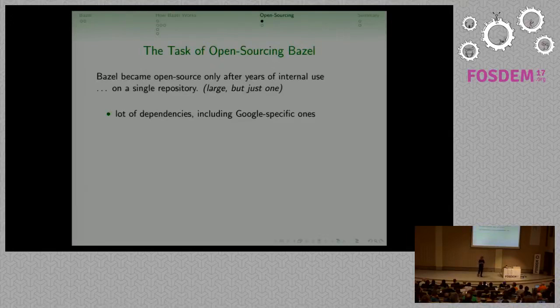So you have a lot of dependencies, including libraries that solve a problem that open source libraries would also solve, but they are Google specific, internal technology and so on. And of course, if you want to make a tool open source, you need all the dependencies open source. So cutting dependencies or finding replacement libraries is a big task.